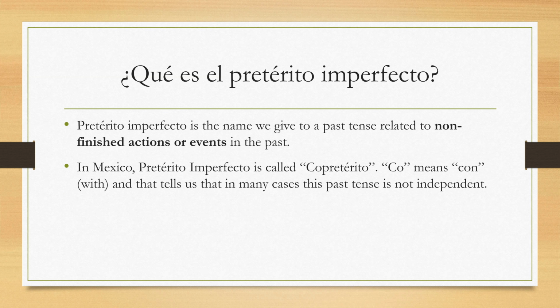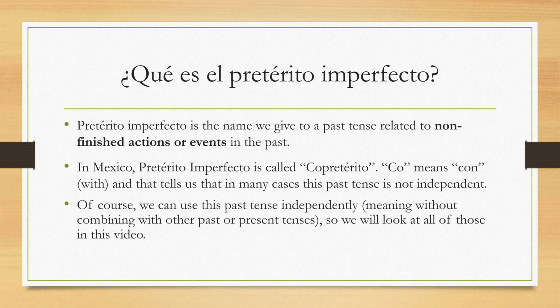In Mexico, pretérito imperfecto is called copretérito, as some of you already know. Co means con, with, and that tells us that in many cases, this past tense is not independent. That means that we are going to see in the same sentence a combination of pretérito imperfecto with presente or with pretérito indefinido.